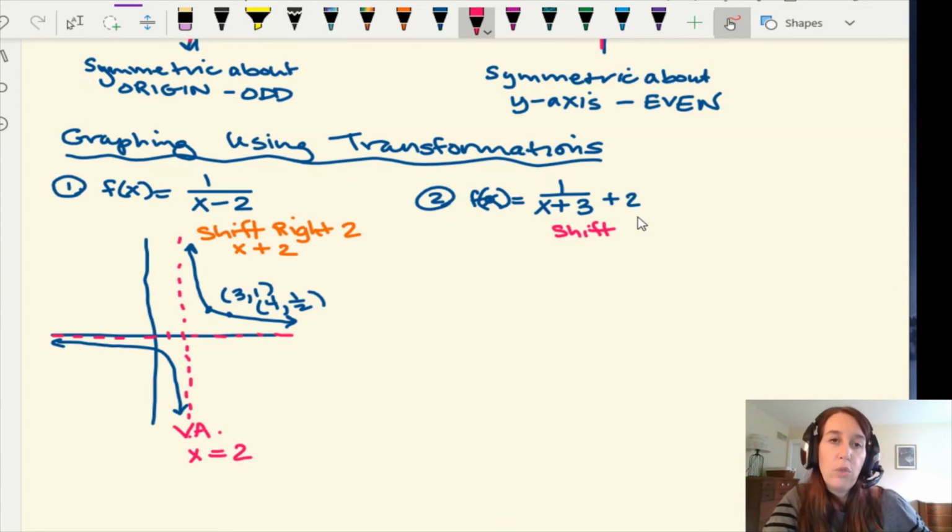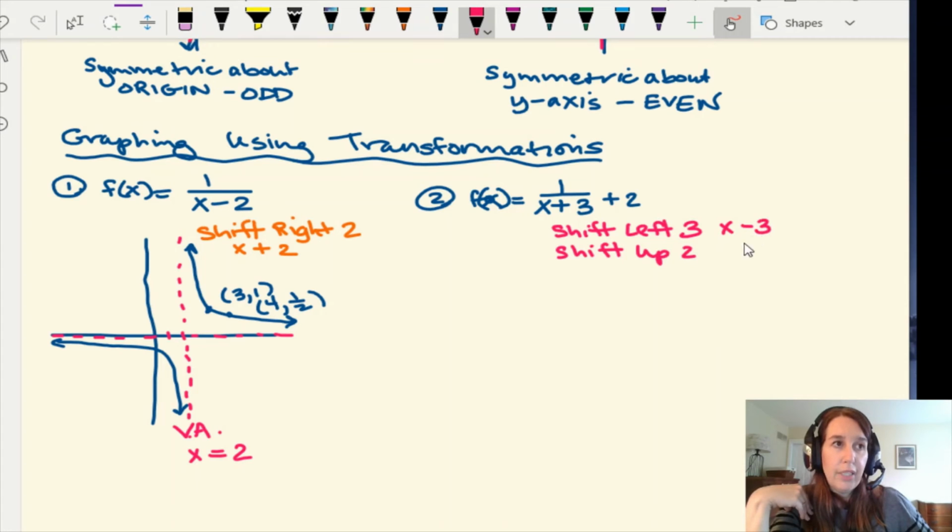Since it's plus 3, that would be to the left 3. And then this plus 2 is happening to the entire function. So this is a shift up 2. Okay, so this shift left 3 means x minus 3, and the shift up 2 means y's plus 2.